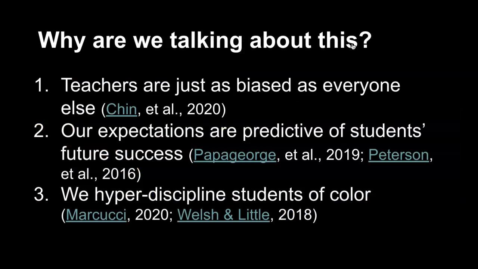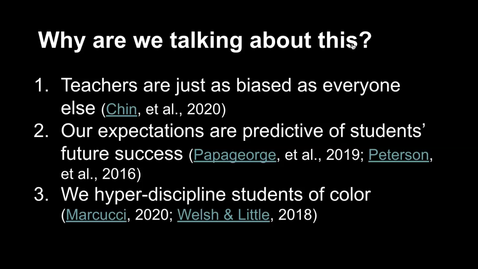And secondly, as I said, implicit bias is a crucial topic for educators to examine no matter what's going on nationally, for several reasons. So first, though we as teachers might like to think of ourselves as above such things as racism and bias because we love our students and we care about them deeply, it is simply not true that we are above such things as racism and bias.